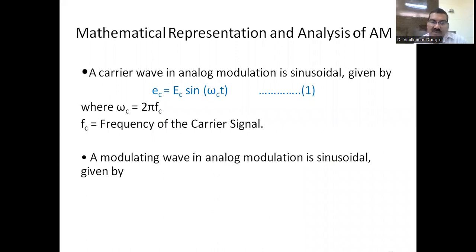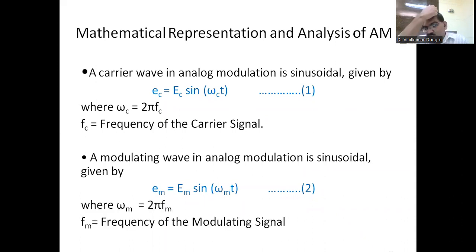Now the modulating signal. For the modulating signal we take em. Small em equals capital Em into sin omega m t. This is the sinusoidal representation of the modulating signal.